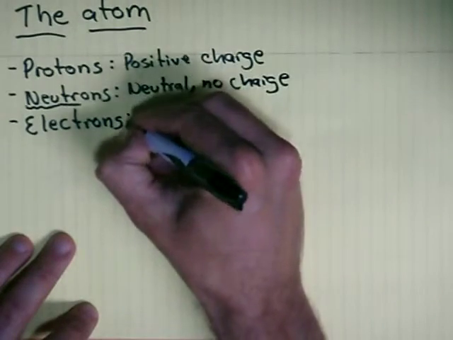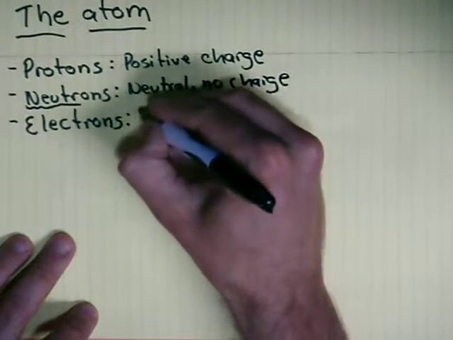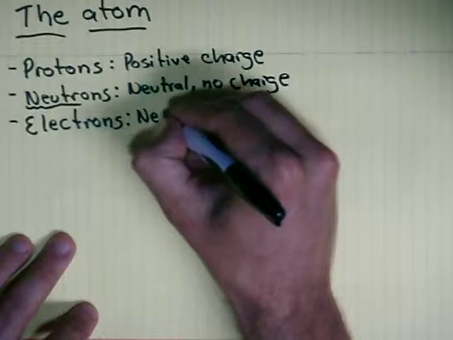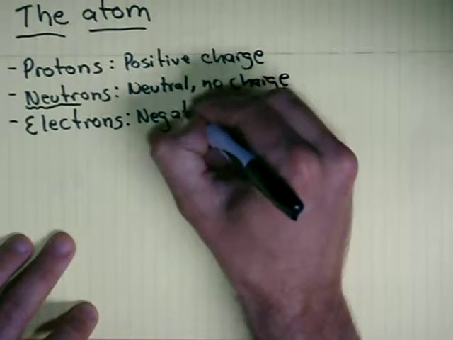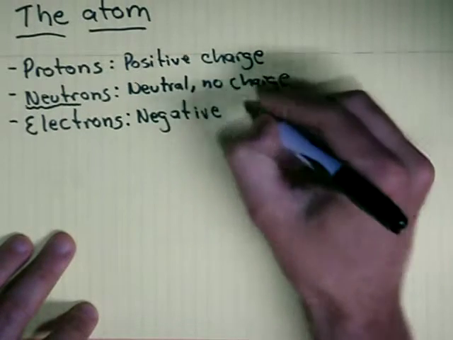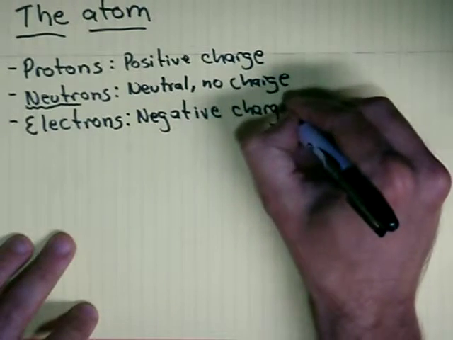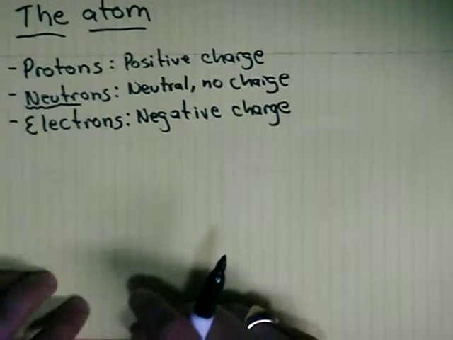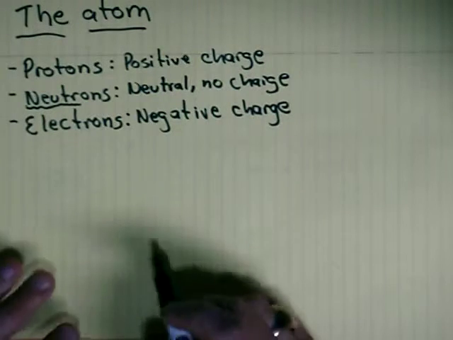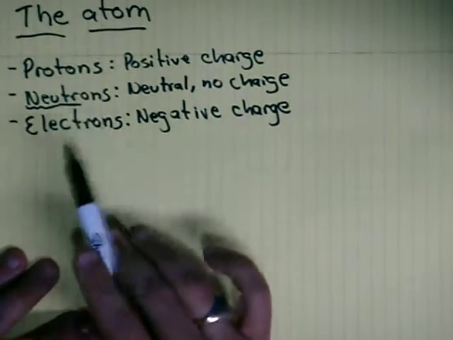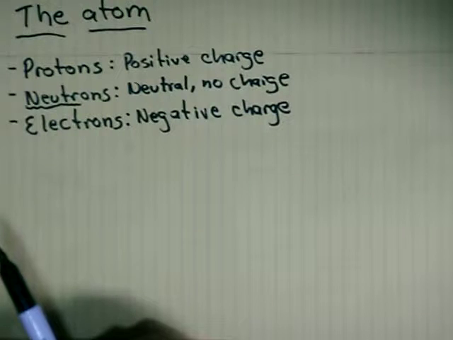And then finally, electrons have a negative charge. And that's pretty much it. The three particles that we have within an atom.